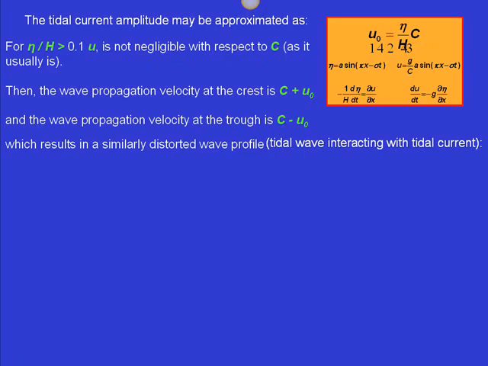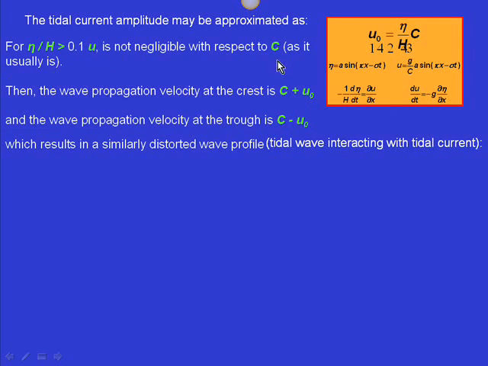What's the phase speed of a tidal wave in an estuary 10 meters deep? 10 meters per second. And what would be a typical tidal current speed? 1 meter per second. So this U will be 1/10 of C.